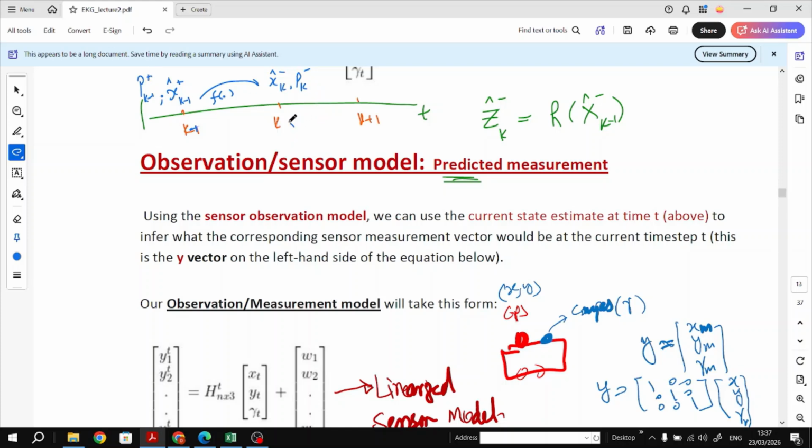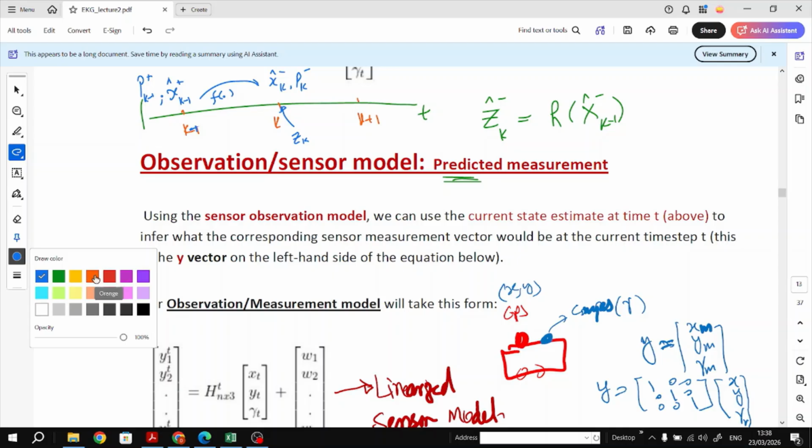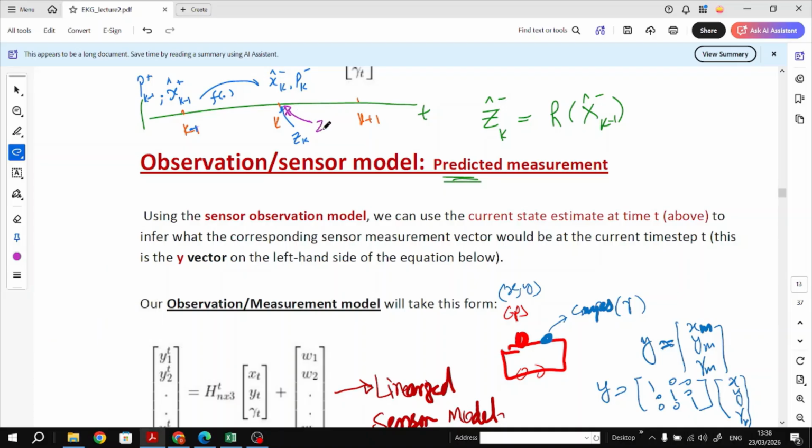Then at time k, you get your measurement at time k. But you can also predict your measurements using your model, z k minus, using this predicted state x at k given k minus 1.